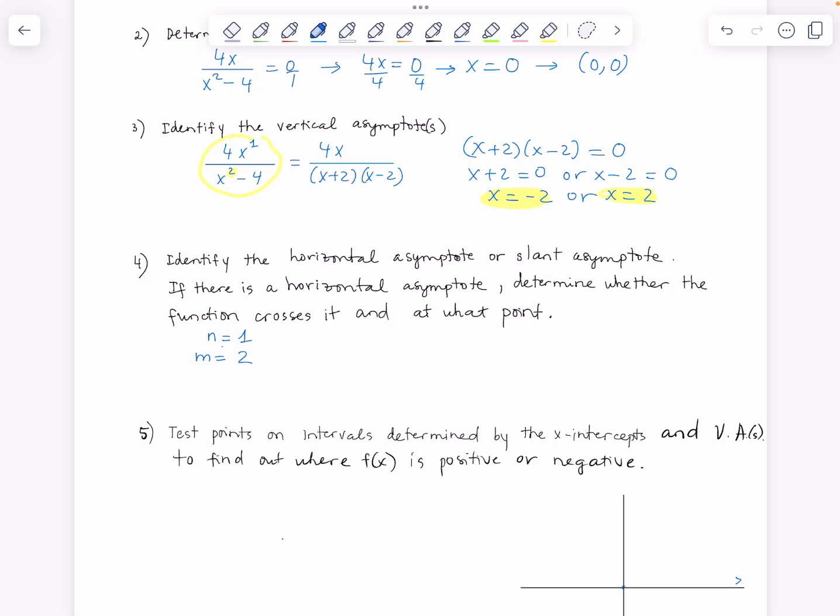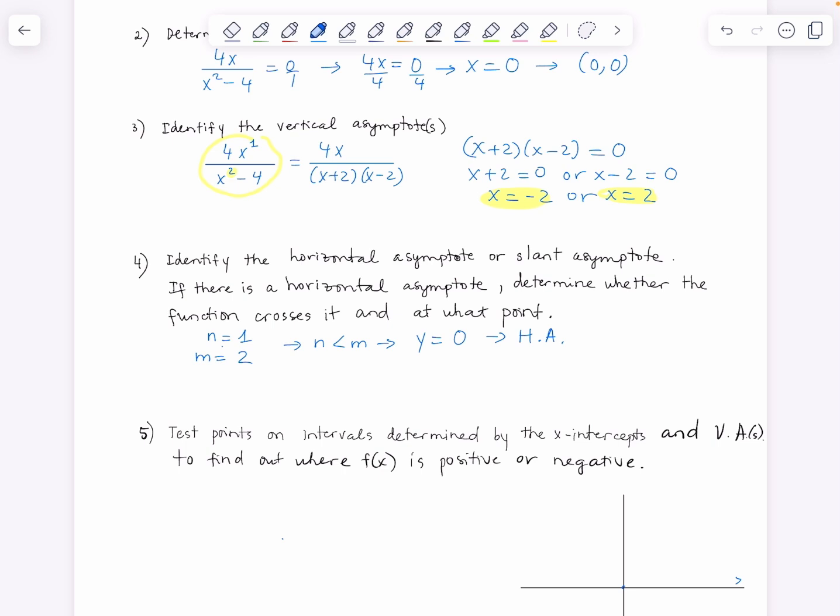So because the degree of the numerator is less than the degree of the denominator, the horizontal asymptote would be the line y is equal to 0. This right here is the horizontal asymptote. If there's already a horizontal asymptote, there cannot be a slant asymptote.